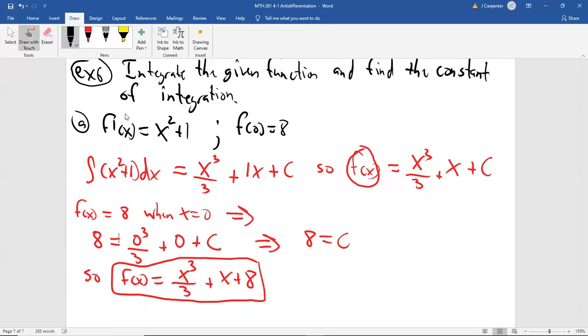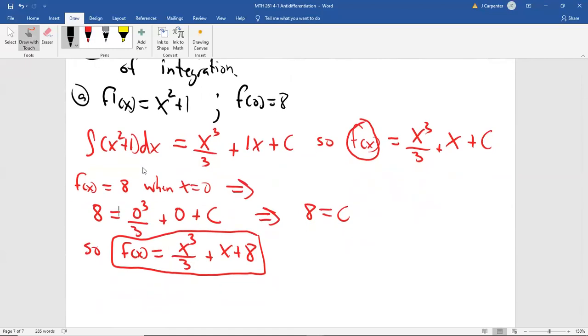Let's try another, and let's do it with the other notation. Instead of giving you f prime, I'm going to give you f of x. So f of x is equal to, let's go with 6x squared minus 4x plus 2.